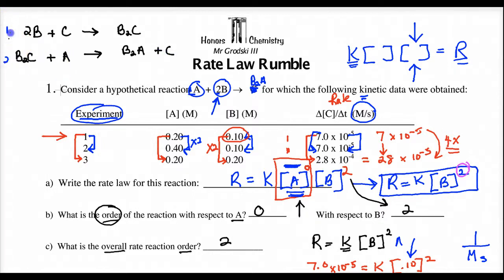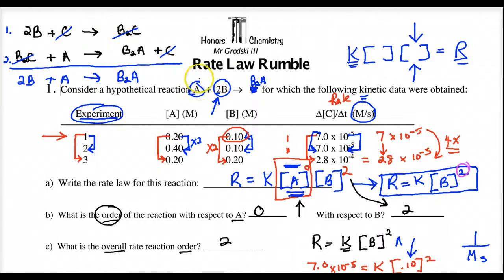This is a proposed mechanism. This is what we do. And if you notice, if I cancel, this C cancels, B2C cancels, and I'm left with 2B plus A to B2A. So it's the same reaction that we overall get by a couple of steps.